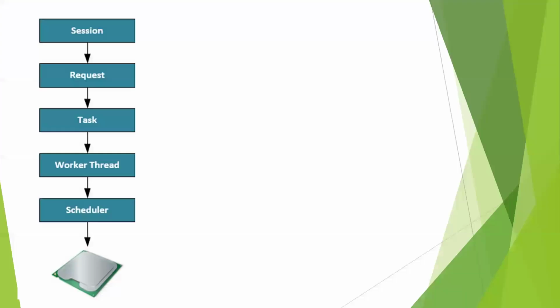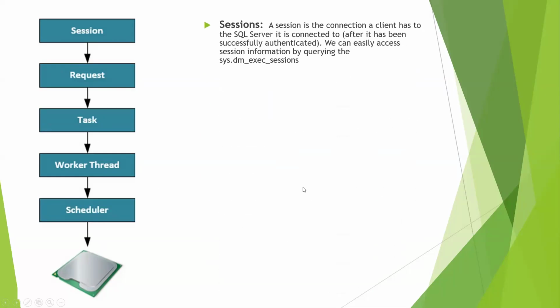Then a request, so the user requested, either a select or whatever it is, will be assigned to a session. A request is converted into a task because the worker will be assigned a task. The task will be assigned to a worker, and the worker will be executing on a scheduler, right? So this is a high level.